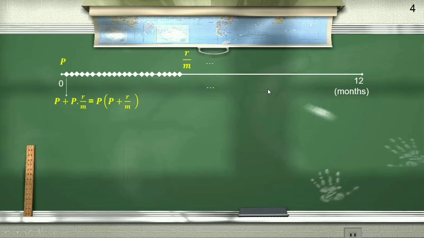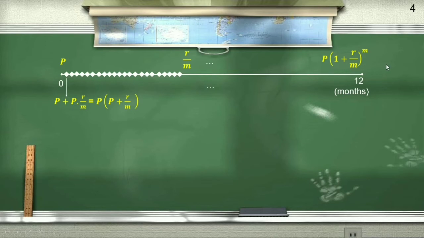So it means we divide 1 year into m periods. So in this period our capital P becomes P + P times r/m, or P times (1 + r/m), right? So what about in this period? Our money becomes P times (1 + r/m)^m.